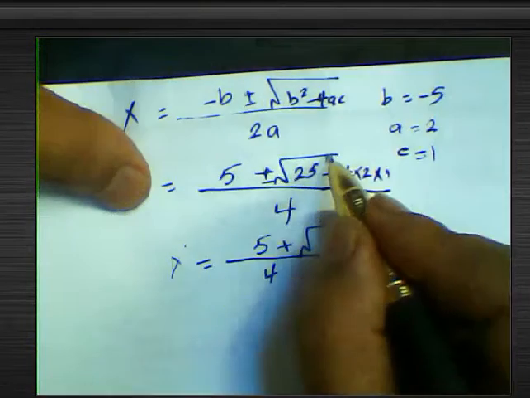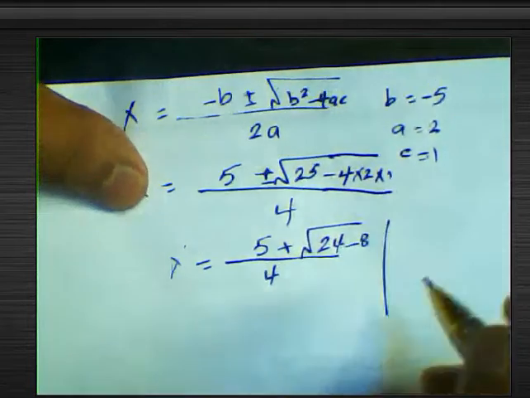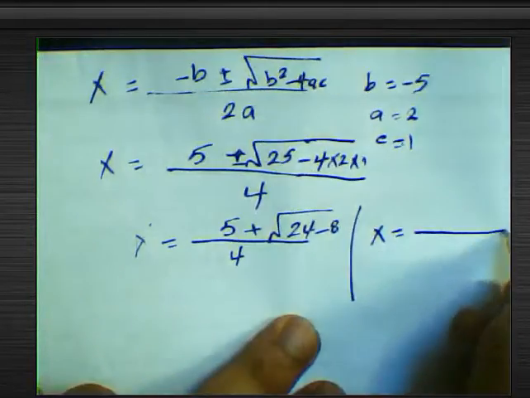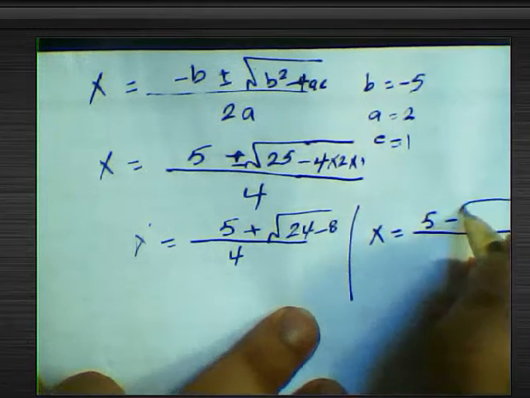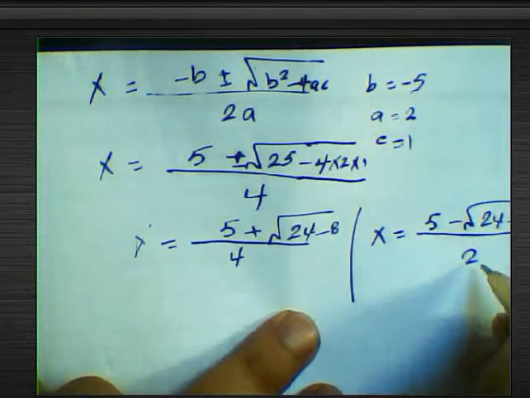Then x equals 5 plus or minus the square root of 25 − 8, and x will be equal 5 minus the square root of 24 − 8 over 2.